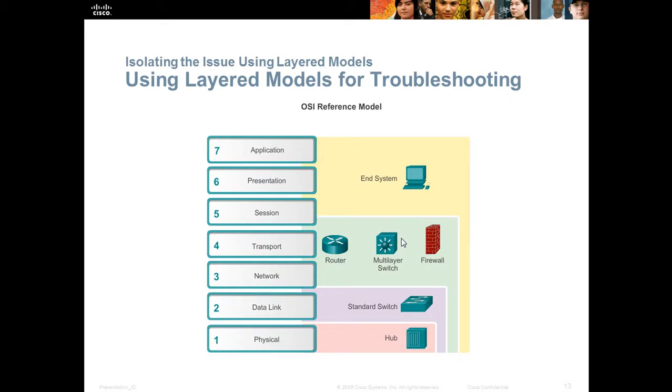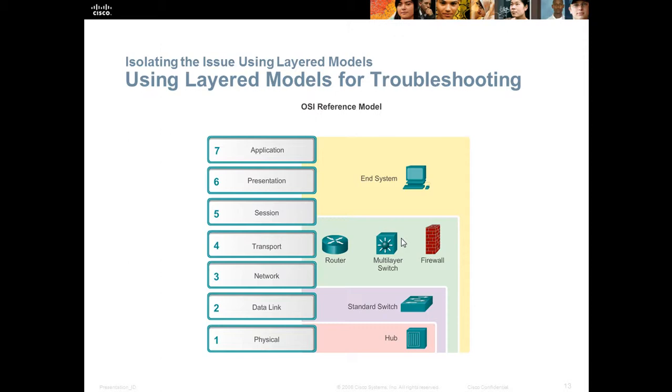Isolating the issue using a layered model. For troubleshooting with layered models, here we are using the Open Systems Interconnection reference model, which includes the 7 layers: application layer, presentation layer, session layer, transport layer, network layer, data link layer, and physical layer. When it comes to the end systems, we use the OSI reference model for the 3 layers, namely application, presentation, and session.